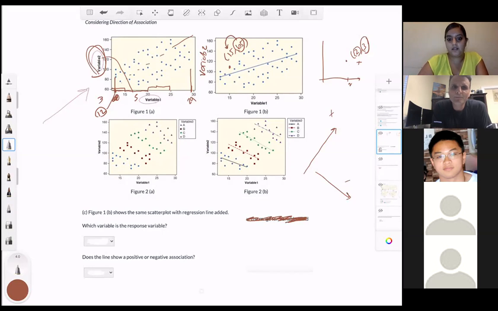Does the line show a positive or negative association? I would say positive. Very good. The slope is positive; the line goes this way. We also predicted that. Which line is the best fit is a different animal, but right now they're asking us positive or negative. We say positive.